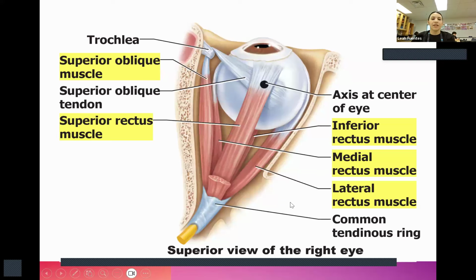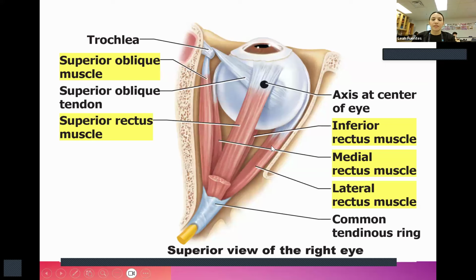Okay, now we have another view. This is going to be superior. So we're looking at the top of our eye. So again, we have the superior oblique muscle, the superior rectus here. Underneath it is that inferior rectus. And then underneath the superior oblique muscle, when we're looking at it in this specific view, is going to be the medial rectus.